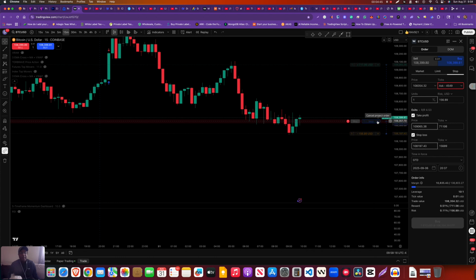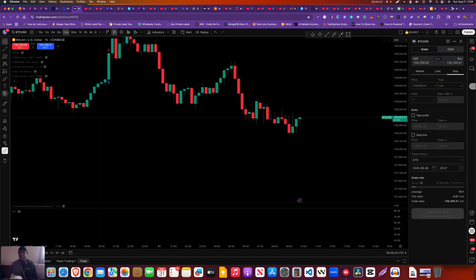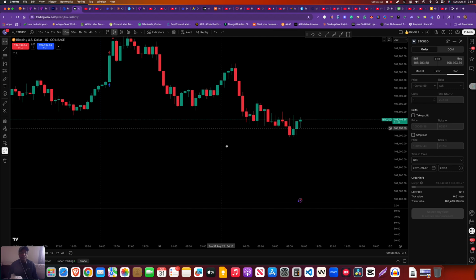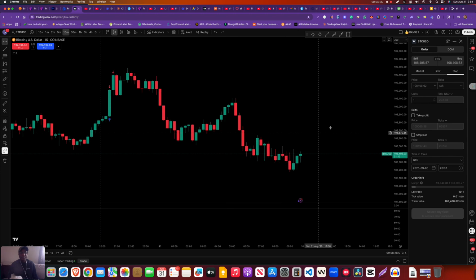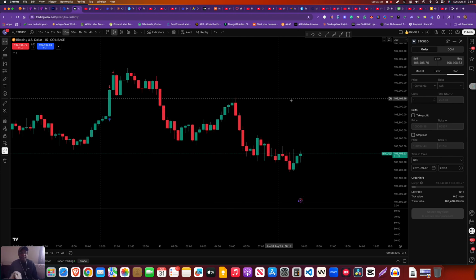All right, now looking at the chart right now, it just looks like, how am I supposed to know where it's supposed to go? Right? How are you supposed to guess where it's supposed to go? So there are certain points that it will probably go there again.